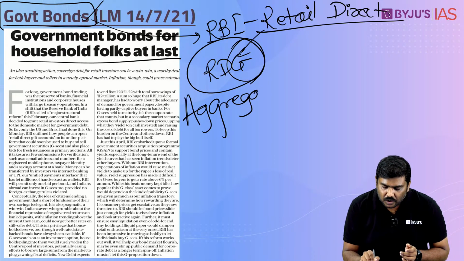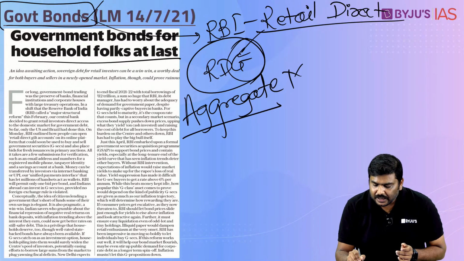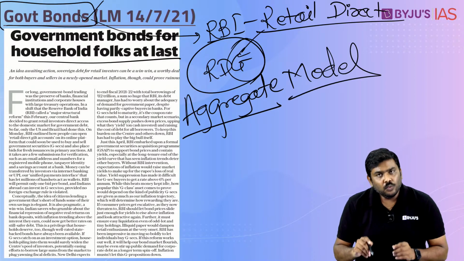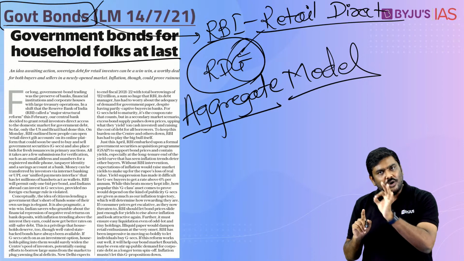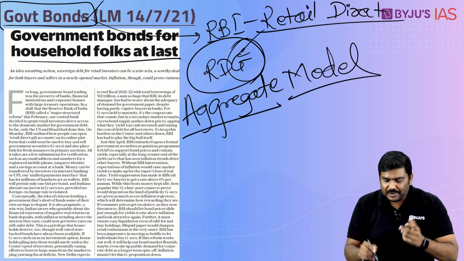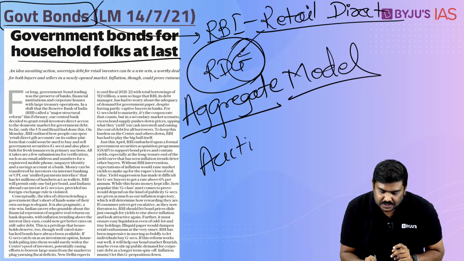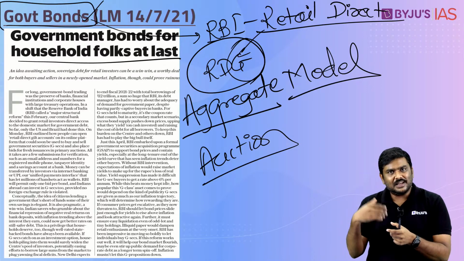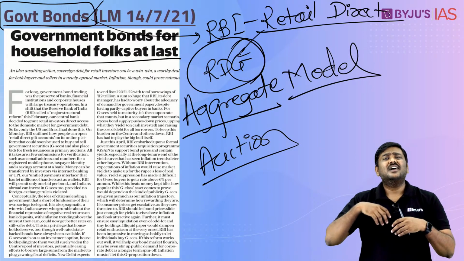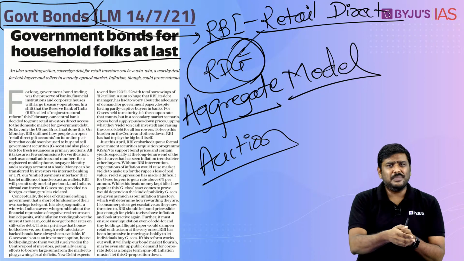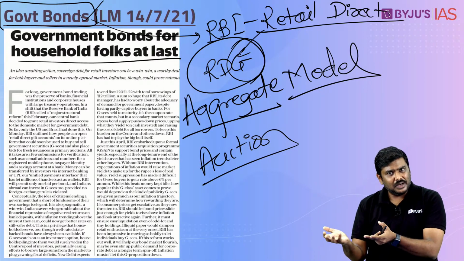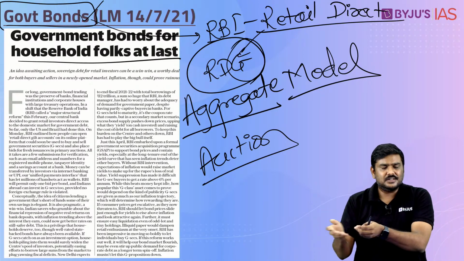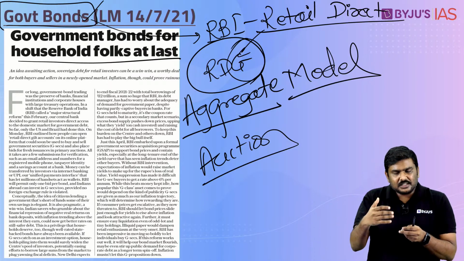What is this aggregate model? Retail investors were allowed to purchase G securities, but not directly through the auction process. RBI auctions these G securities, be it dated securities, treasury bills, state development loans, and now gold bonds, basically the sovereign gold bonds.